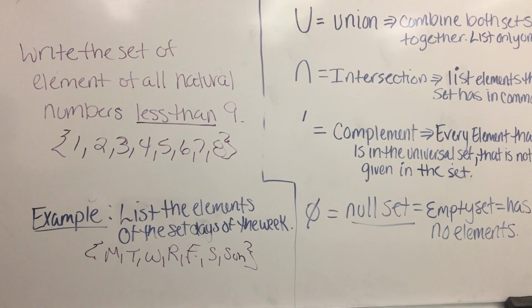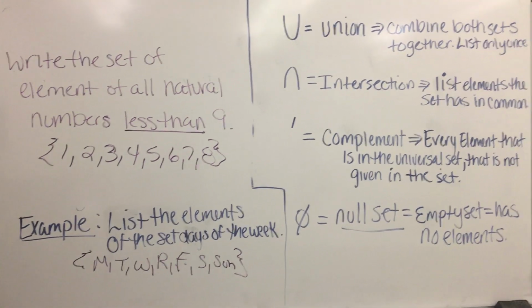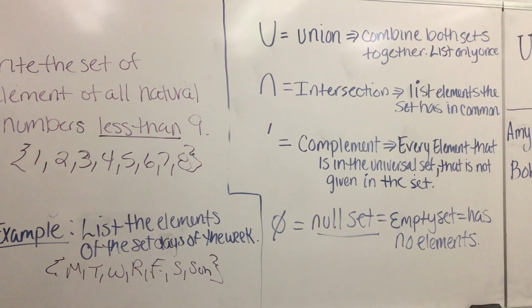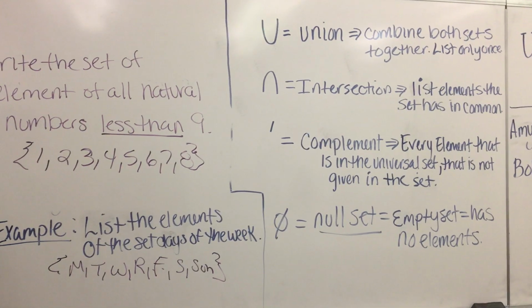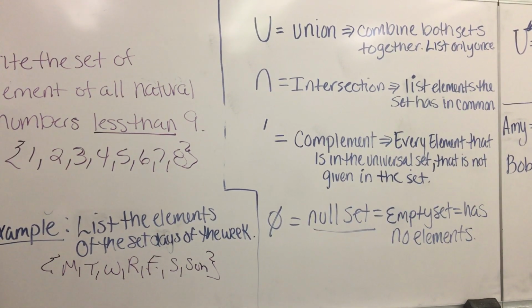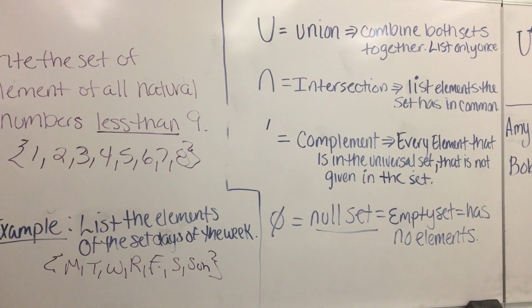Now, if we move along, we have the union. The union is to combine both sets together, and we only list each element once. The intersection is the list of the elements that they have in common, okay?